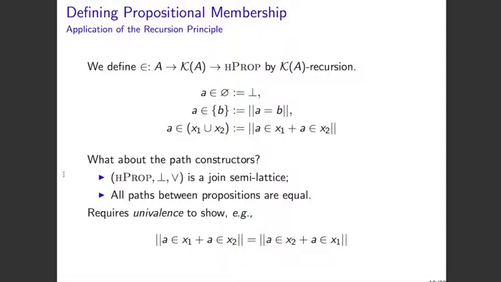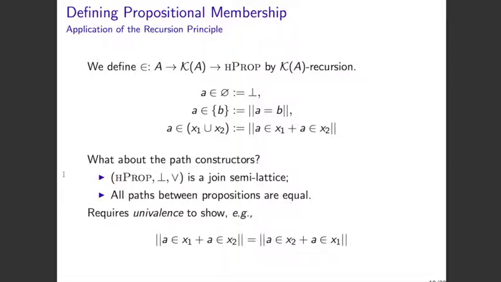Using this propositional truncation, we can define the membership predicate as a proposition. So given an element a of type A and given a finite set X over A, we provide a proposition a belongs to X. We do so by recursion on X. For the empty case, we know that nothing belongs to the empty set, so a belongs to the empty set is false. a belongs to the singleton b if a is equal to b, and in order to turn this into a proposition, we truncate the identity type a equals b.